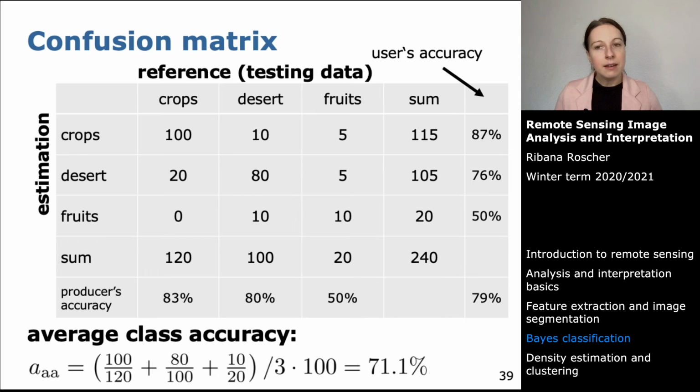And there's another accuracy measure which is quite important, and I recommend to always also compute the average class accuracy, because imagine the following example. You want to classify forest and lake in a satellite image, and it's a scene from, let's say, the Amazon forest.